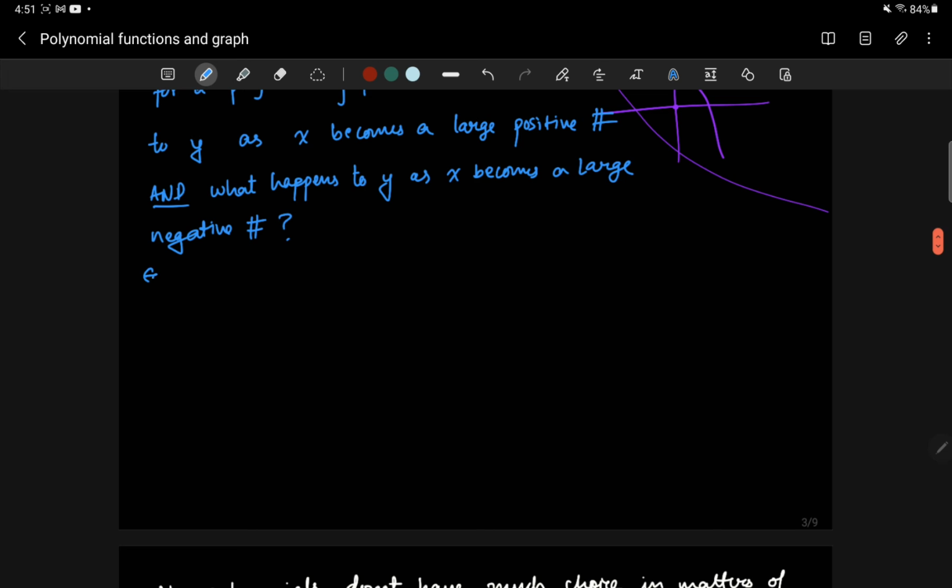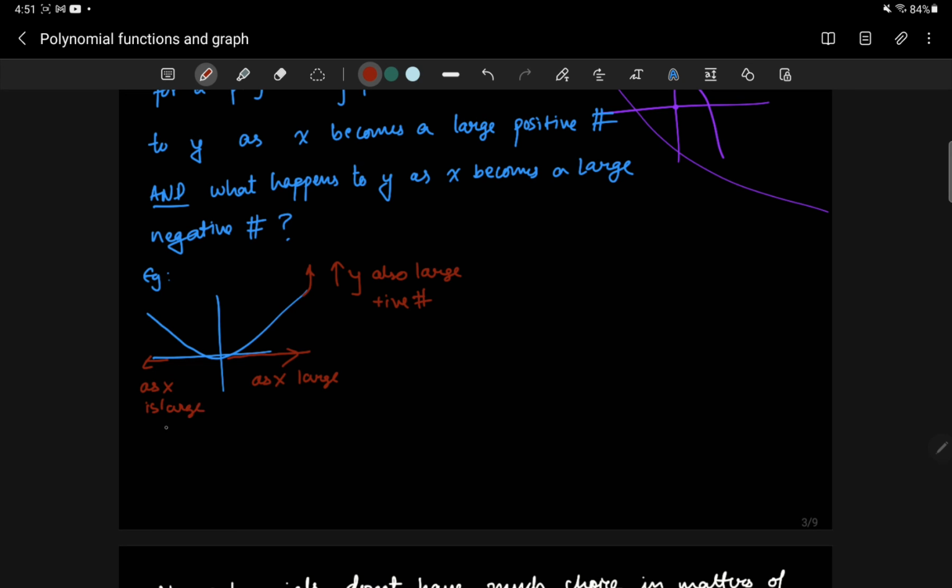Okay, so for example, if I give you this graph, then you can say that as x becomes large, your output sort of becomes large, right? y is also a large positive number. And as x is a large negative number, your y is also a large negative number.